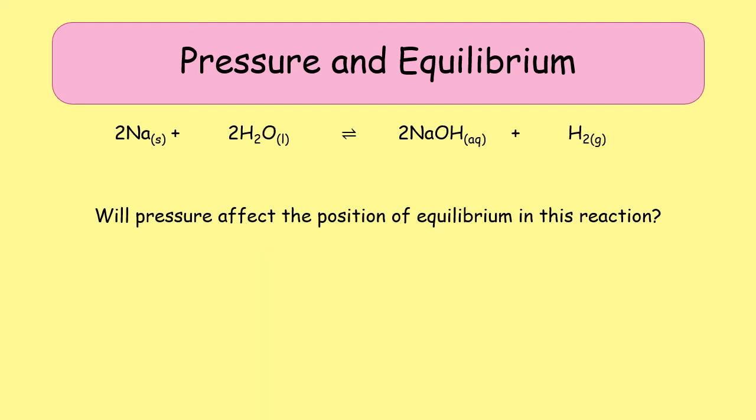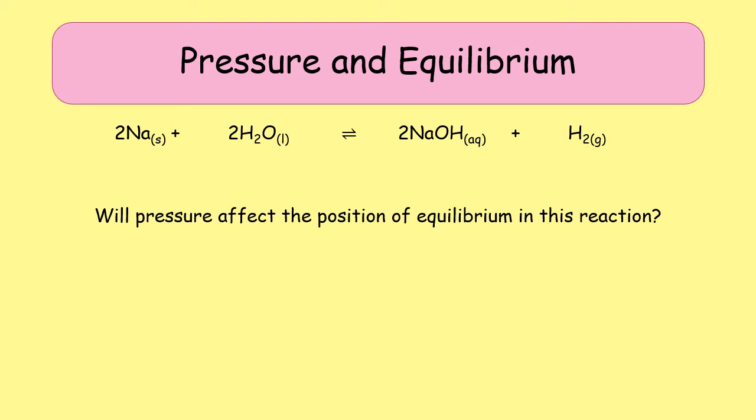Okay, I've got one final example here. Will pressure affect the position of the equilibrium in this reaction? So this is a reaction that's usually not in equilibrium. I've just said it's in equilibrium for this sake. But remember, we look at each side and we're looking for the total number of moles of gas. Now on the left-hand side, we have 2 moles of sodium solid.